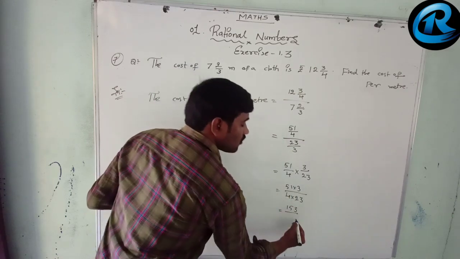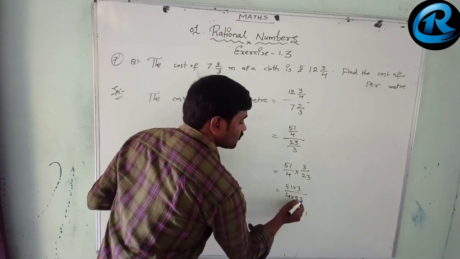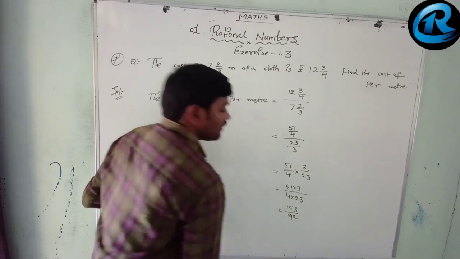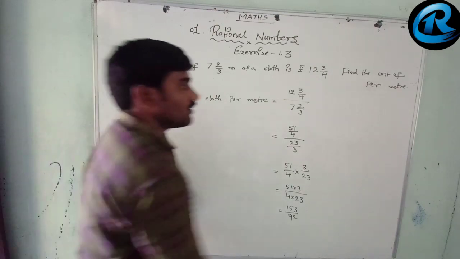By 4 into 23: 3 4s are 12, 1 carry, 4 twos are 8 plus 1 is 9, so 92. 153 by 92. Let us divide this.